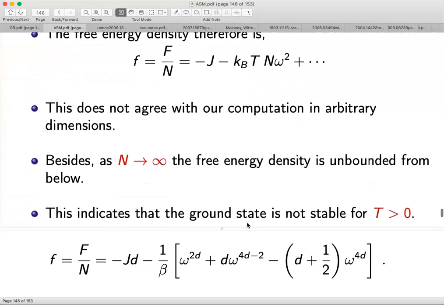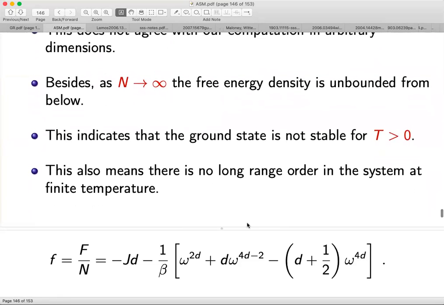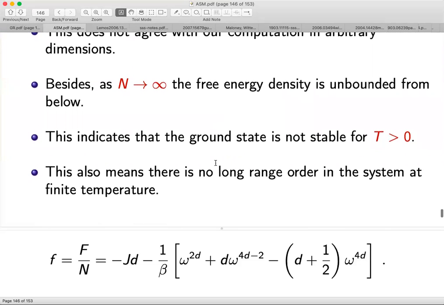As a result, your ground state is not stable at finite temperature. That is the same statement as the system doesn't have long range order, because you can lower the free energy by generating spin flip configurations.